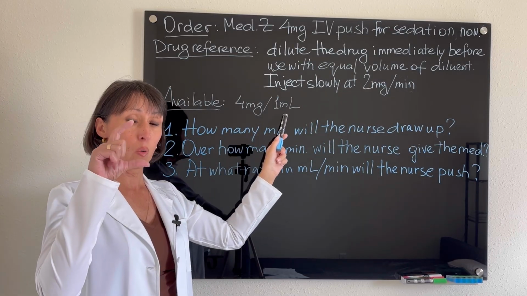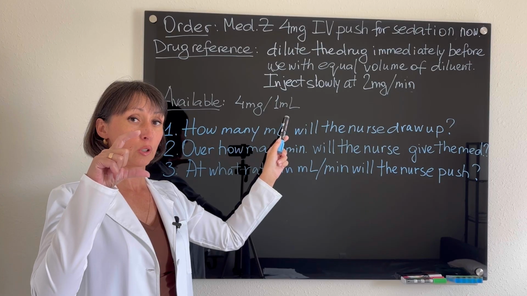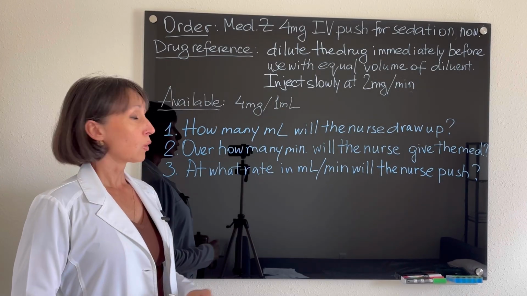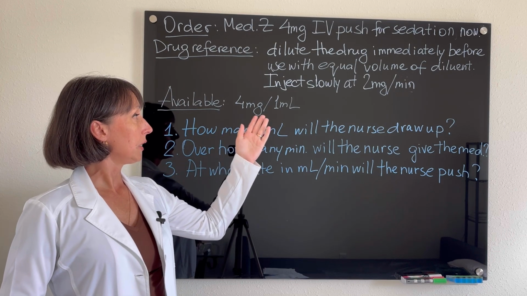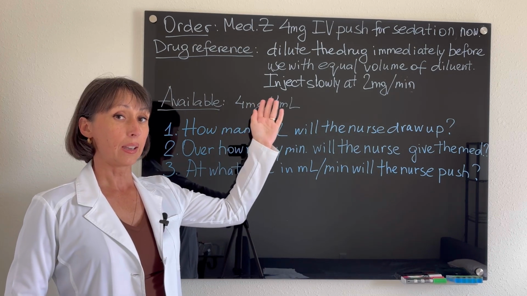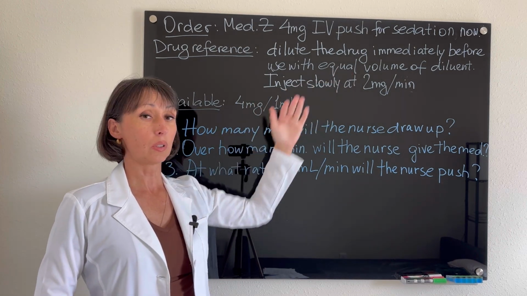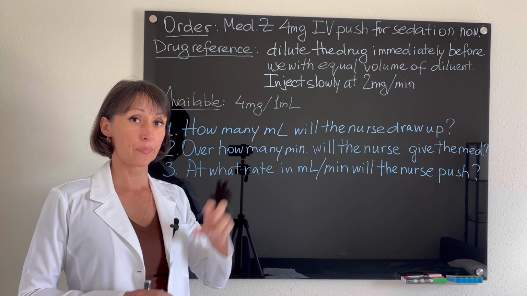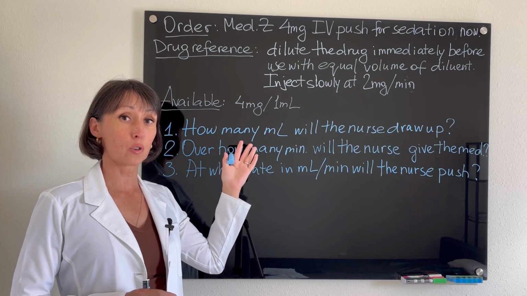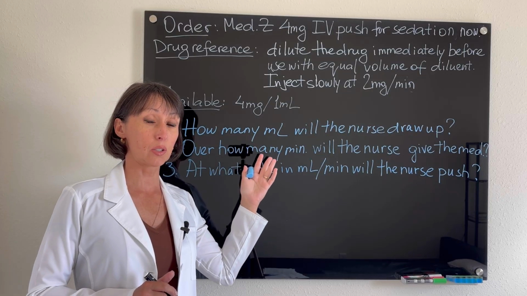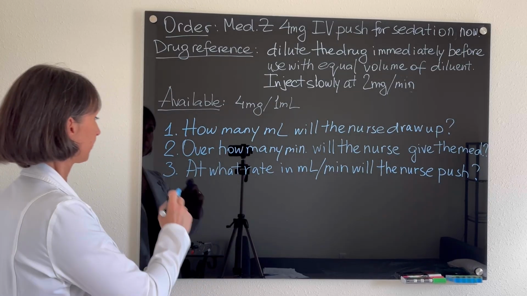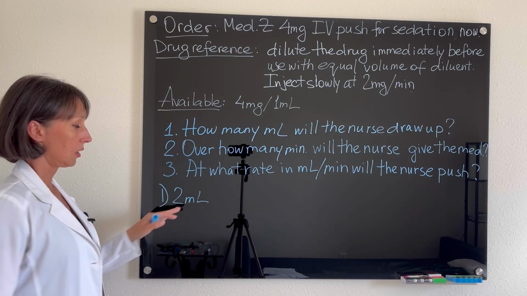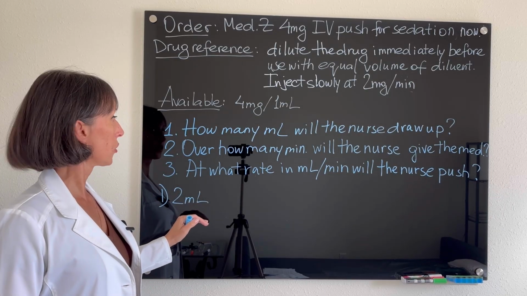So in addition to our 1 milliliter, we are going to have another milliliter of diluent, equal volume. So altogether, 1 milliliter of drug and 1 milliliter of diluent will give us 2 milliliters total in our syringe. And that is the answer for our first question. How many mLs will we have in the syringe? 2 mLs.